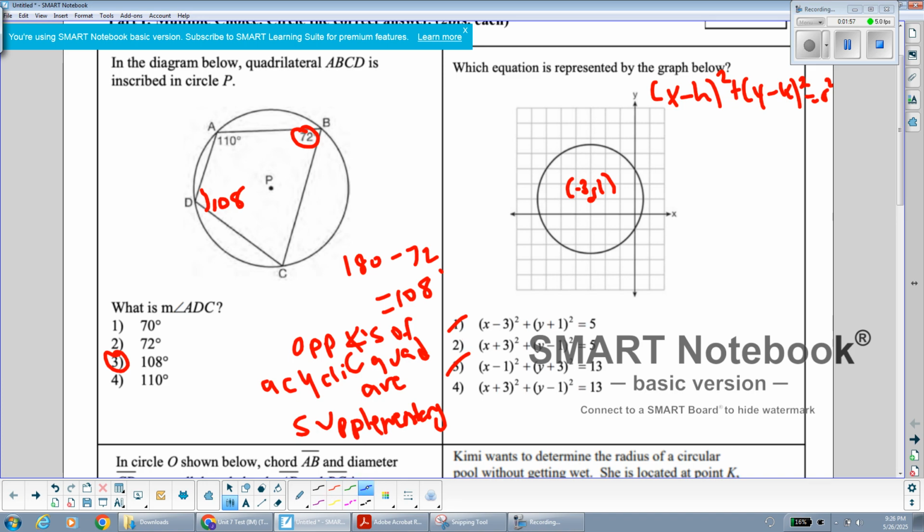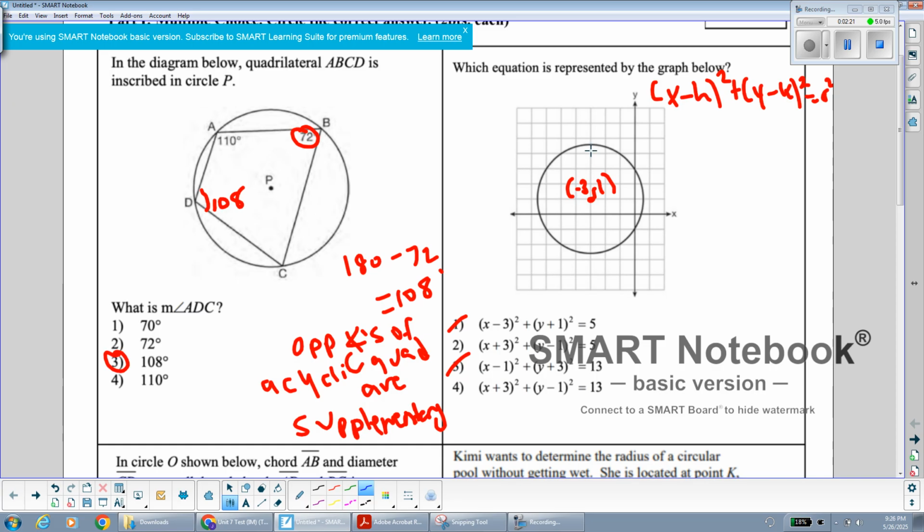So the last thing I have to compare is the radius in order to figure out which is the correct equation. So in order to figure out the radius, I am going to have to actually find the radius. So I'm going to do from the center to a point on the circle, and I want to do a clear point. This is not a clear point. This is not a clear point. This is not a clear point.